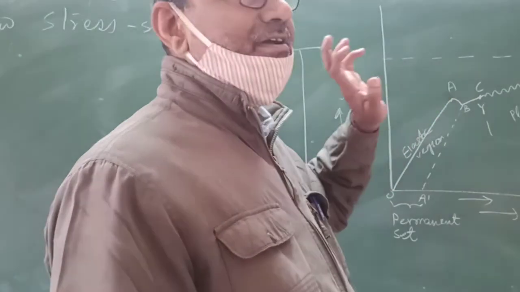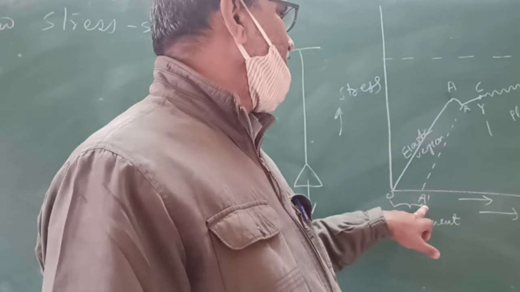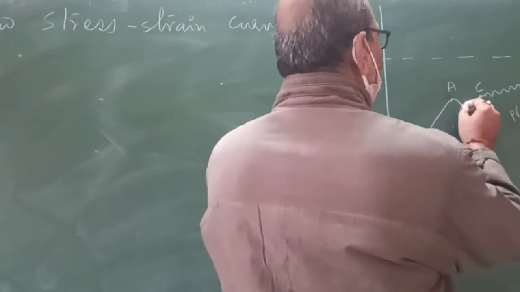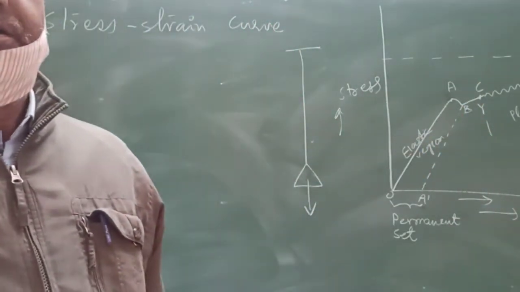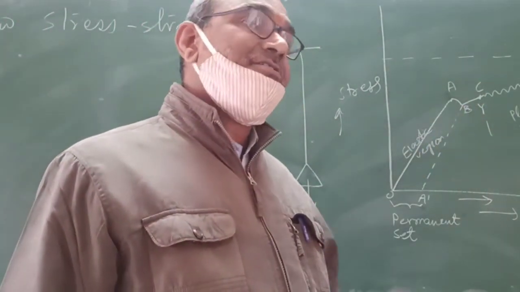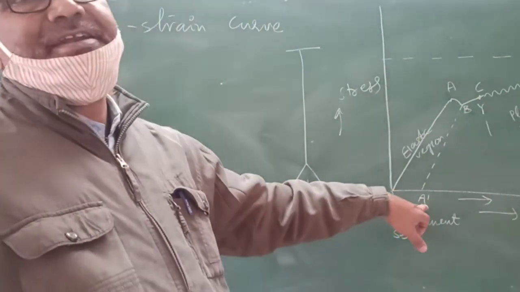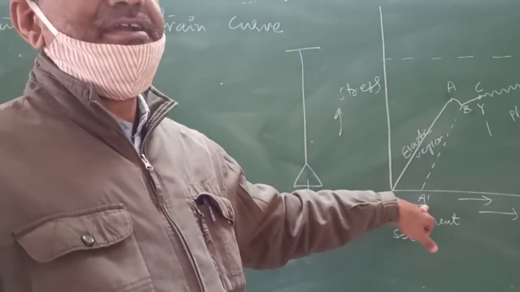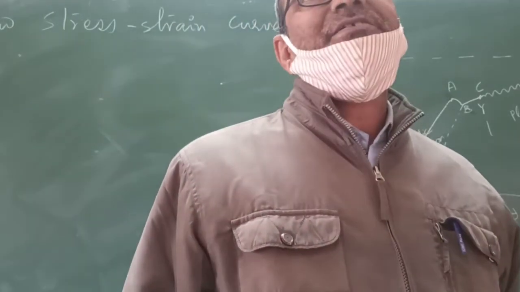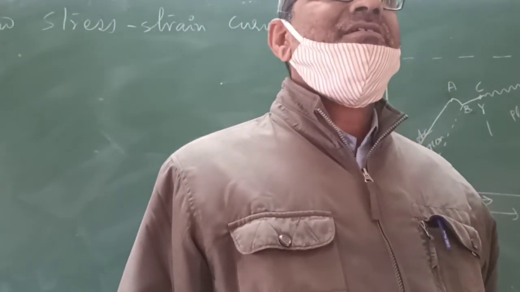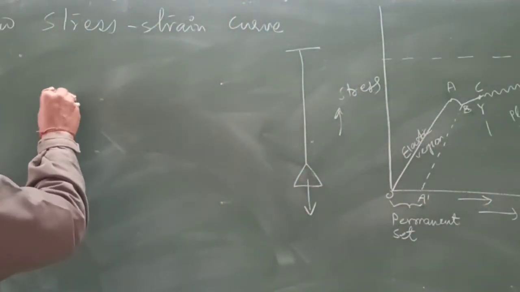If you unload the wire, it should follow the path B to A to O, but instead of the BAO path, the wire follows the path BA dash, and that BA dash is a permanent deformation in the wire. This permanent deformation in the wire is called permanent set. So the first point is the elastic region.